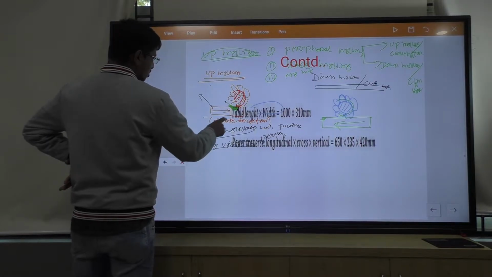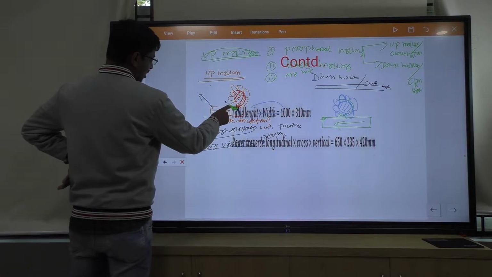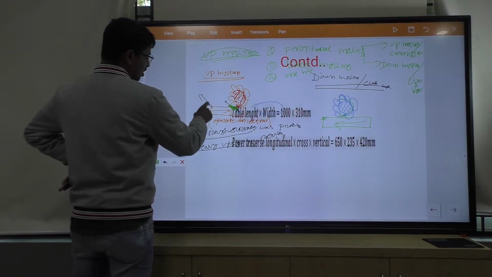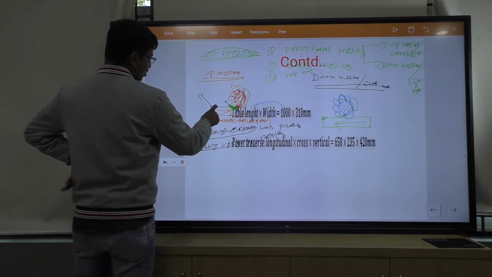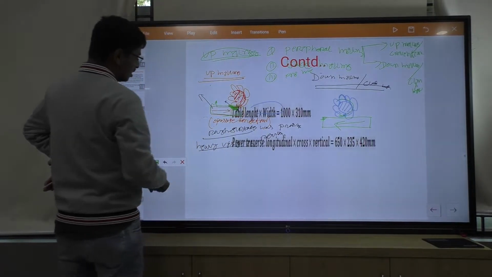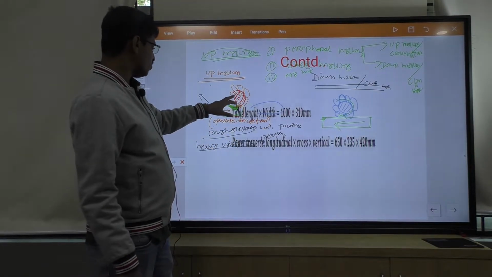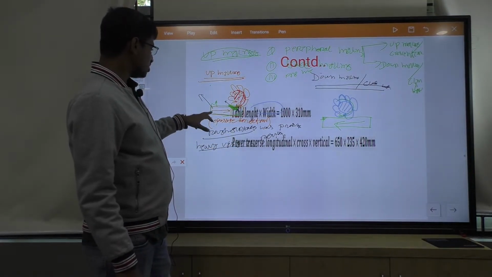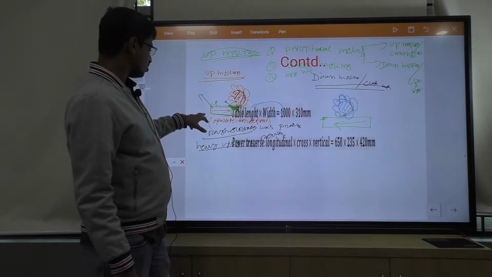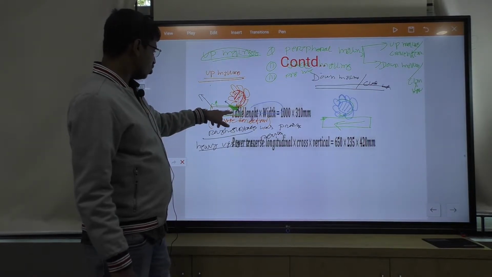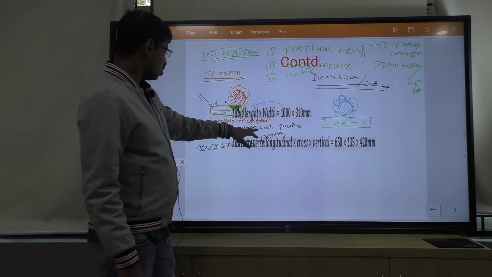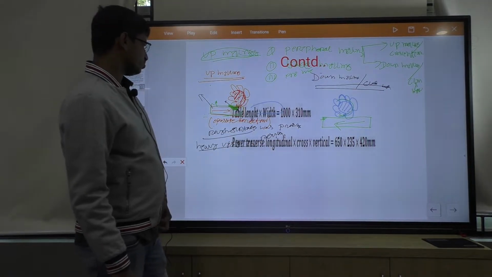For this reason, there is a heavy force at the last point in up milling. There may be a chance of lifting of the workpiece, so a heavy vice is required, and a rough surface is produced.